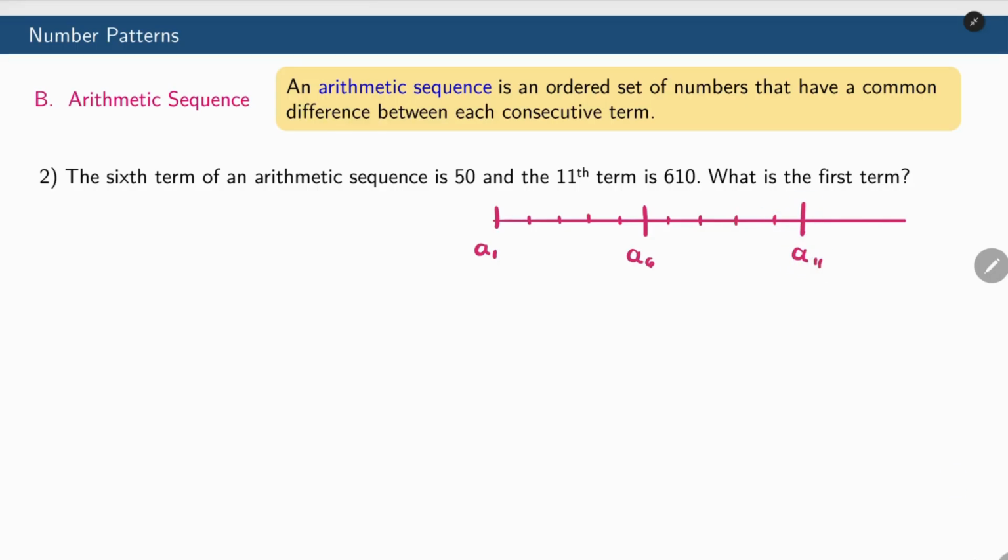A sub 6 is equal to 50, while A sub 11 is equal to 610. Okay, how many differences are there in order for you to reach 610 from 50? So, you have 1, 2, 3, 4, 5. Tama? Okay, dito, ang gagawin natin, i-assume natin na first term si 50.